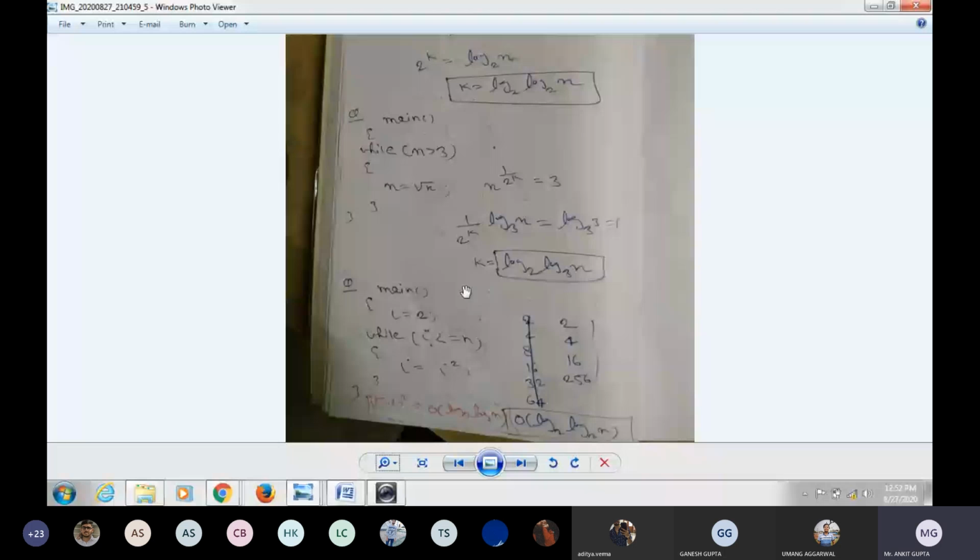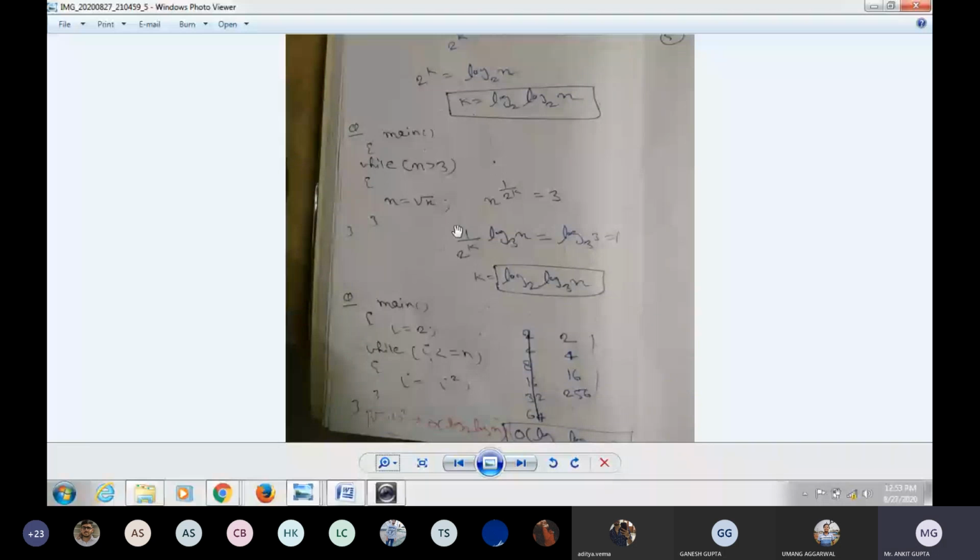If I take the value of n as 256, then the root of n is 16, then again the root is 4, then again 2, and so on. It is just the opposite of that. Suppose i is 2, the second time i square, that is 4, then 4 square, that is 16, and again square, 256. So both are the same, both codes will follow the same route.